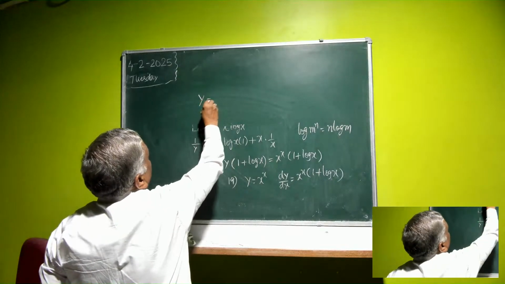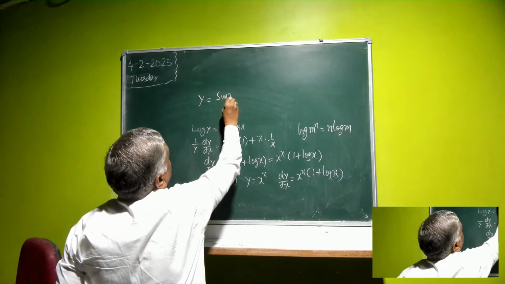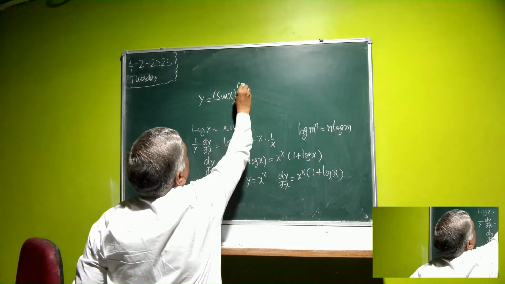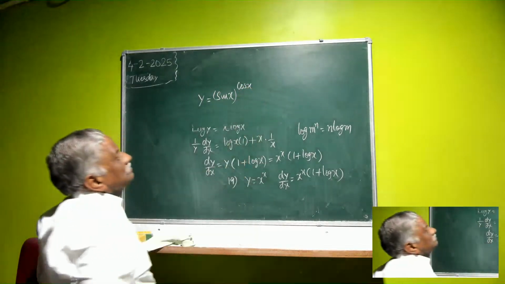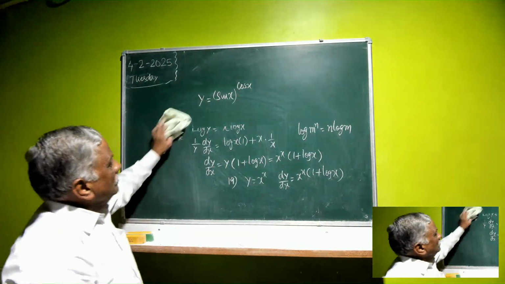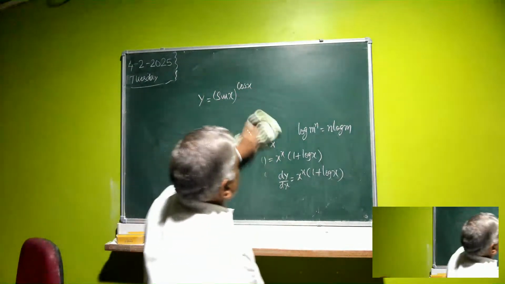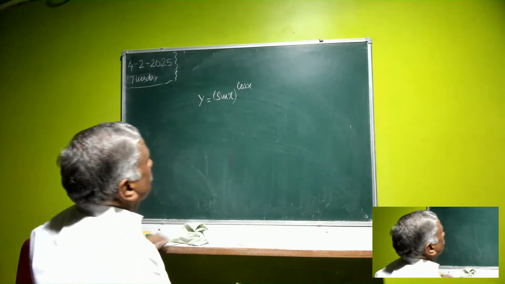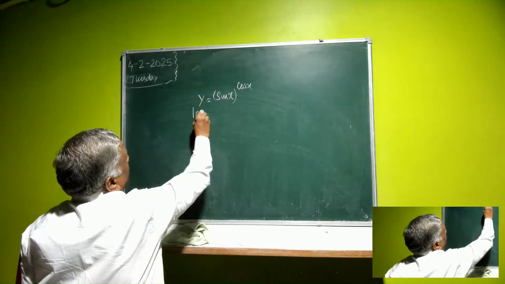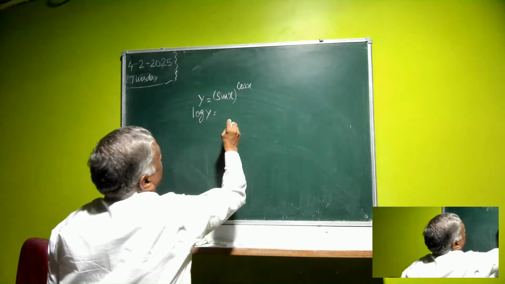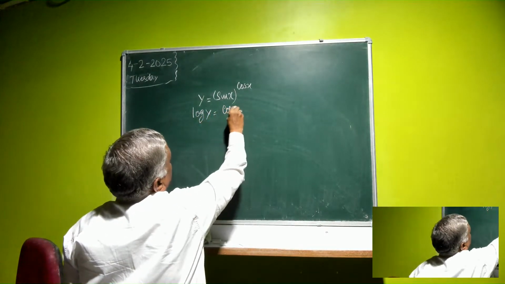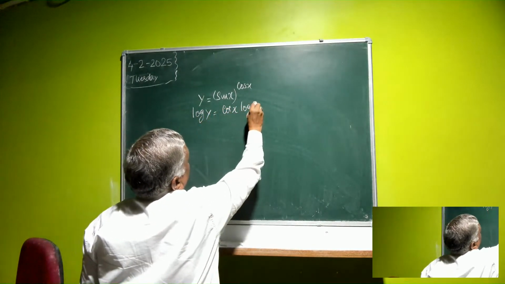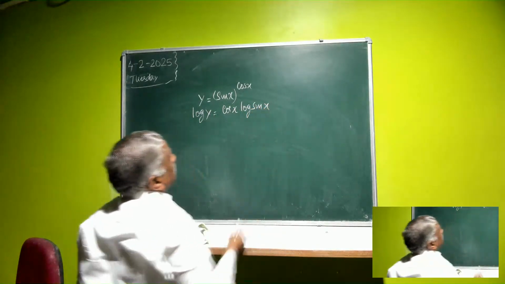y is equal to sin x to the power of cos x. So again, the problem of f of x to the power of g of x. Therefore, take log y is equal to cos x into log sin x.